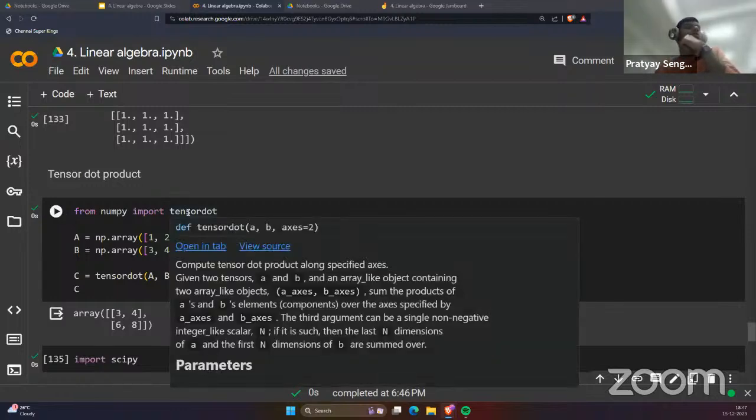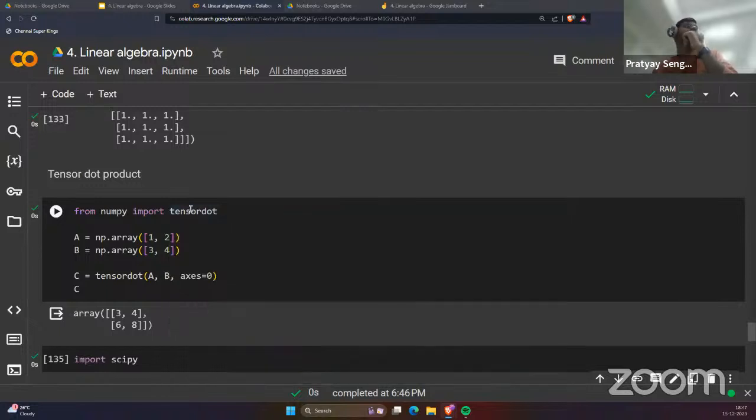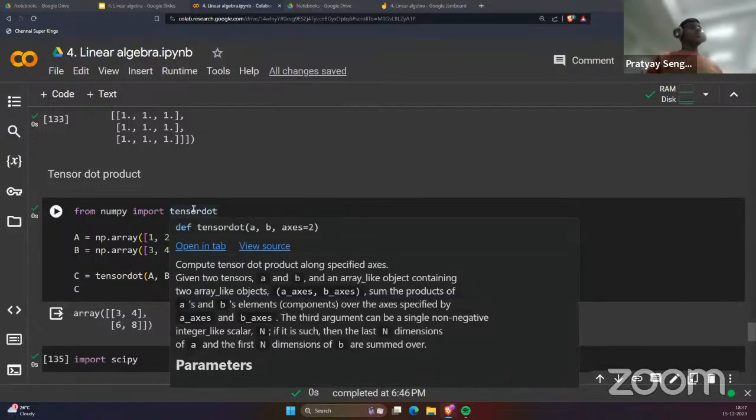You can hover over these things to actually see what is there, what their documentation is. So it will help you to understand also.